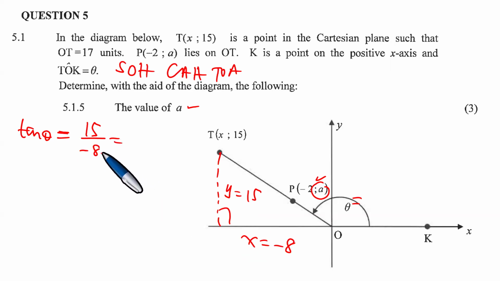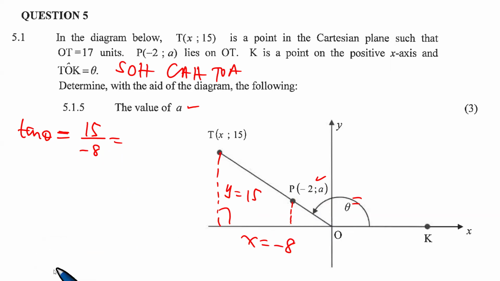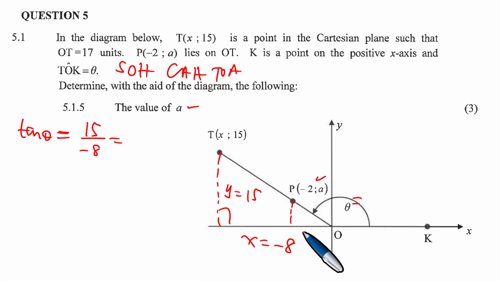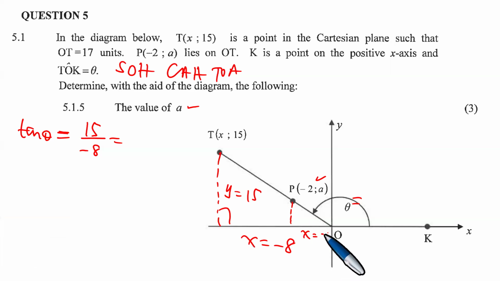But this is the same as what? We can draw a small triangle like this, just dropping a line up below point P. Here our x is -2, and our y equals A.